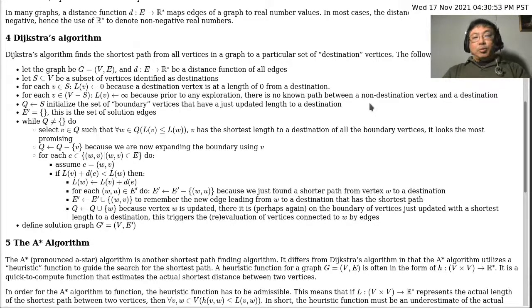And the one that we are dealing with can deal with multiple destination vertices, and when the algorithm completes, it would have found the shortest paths from every single vertex to its shortest destination. So that's Dijkstra's algorithm. I'm not seeing any questions in the text channel, so go ahead.